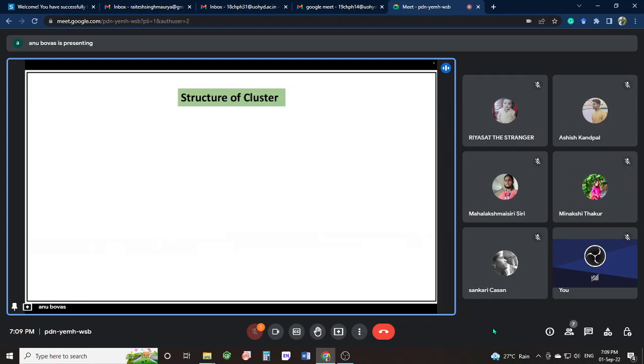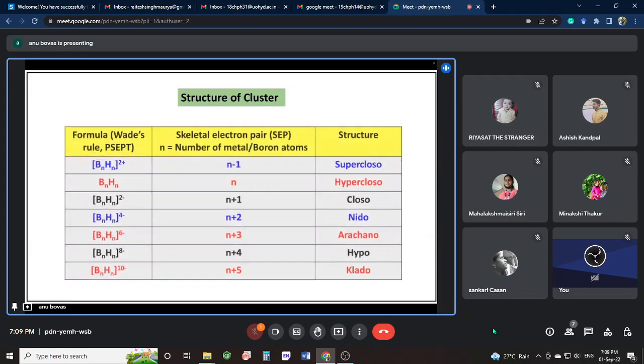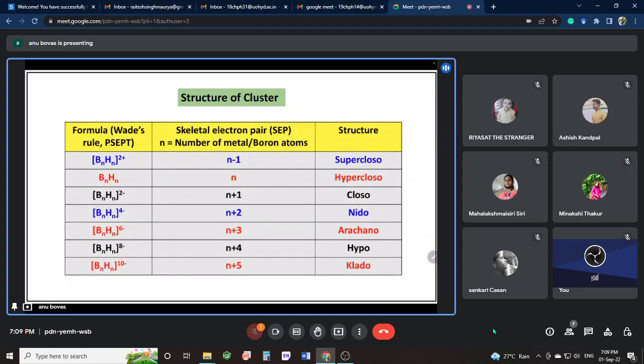So Wade's rule, also called Wade's-Mingos rule, or polyhedral skeletal electron pair theory. Using this theory, we can find the structure of a particular cluster. According to this rule, any boranes or carboranes, in fact, this can also be extended towards metal clusters, by calculating their skeletal electron pairs, or directly by the formula we can find out the structure.